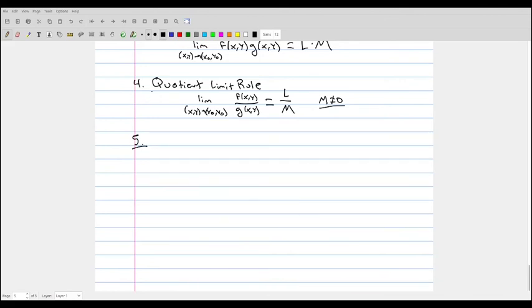And the last two are related to different powers and roots of a function f. So this is going to be the power limit law.